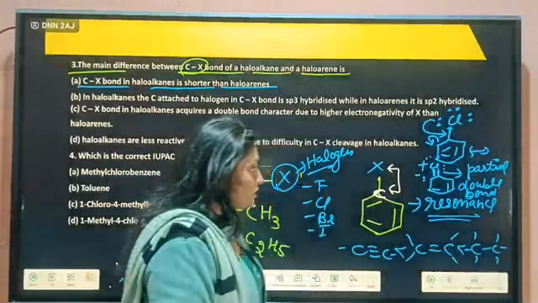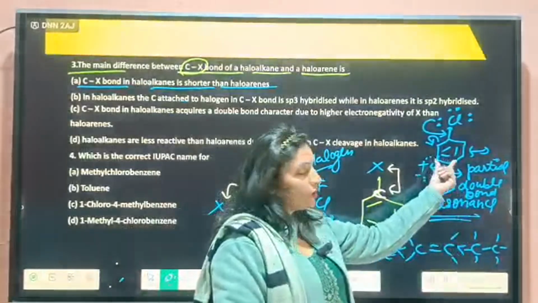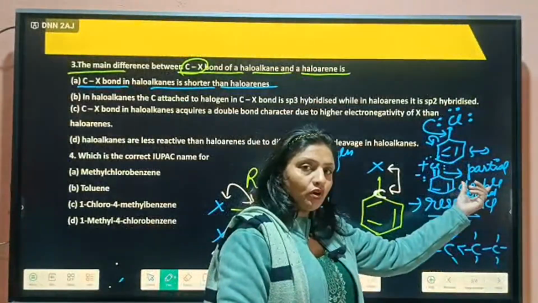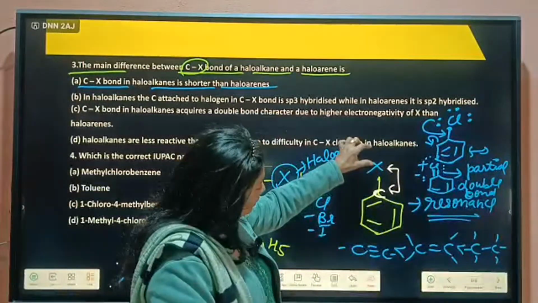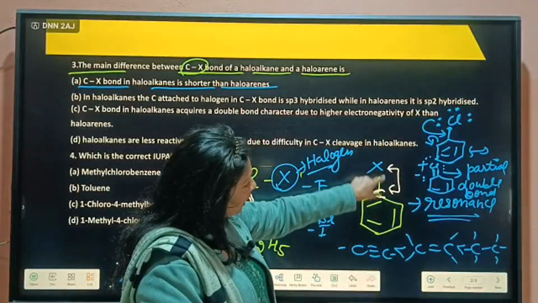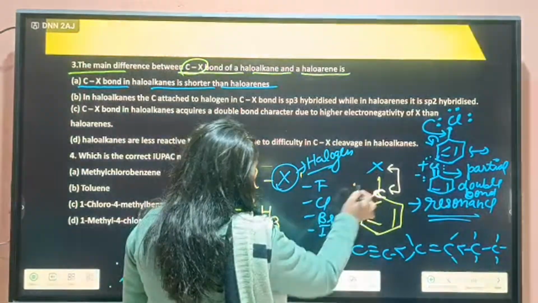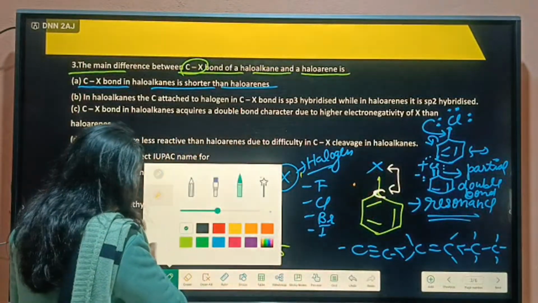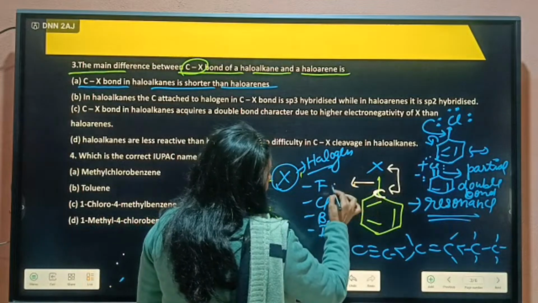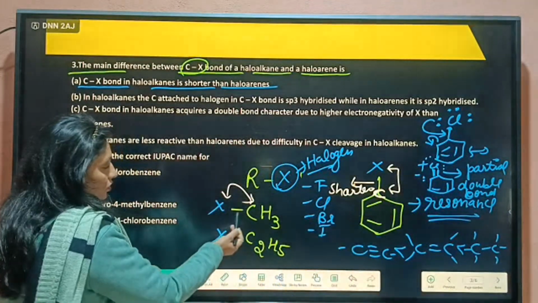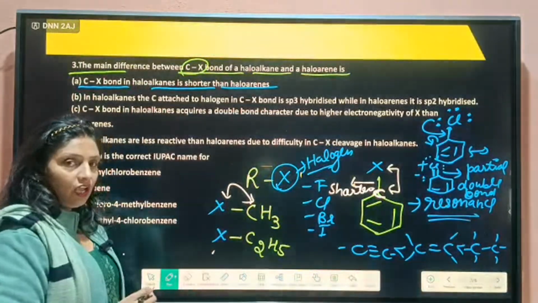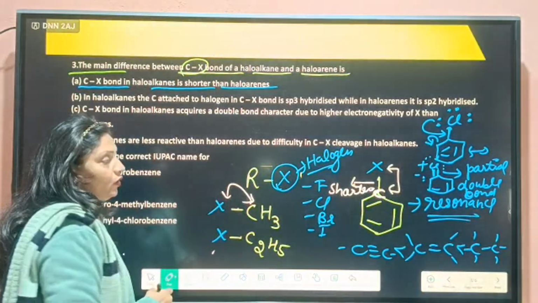Then students, haloarenes show partial double bond character. So in haloarene, the bond length between carbon and halogen will be shorter as compared to the bond length of carbon and halogen in haloalkane.